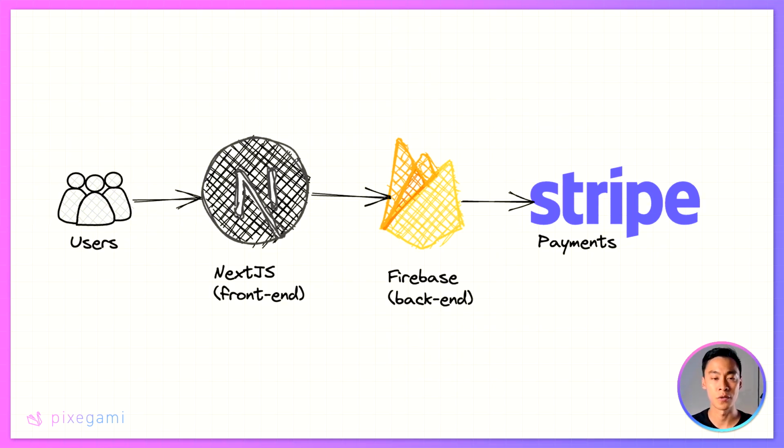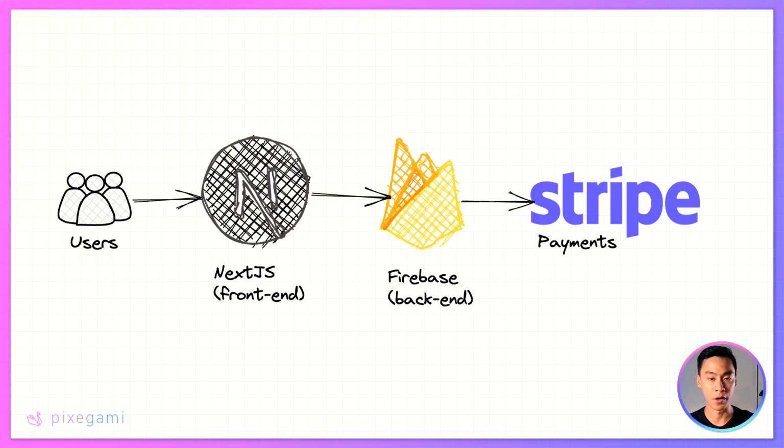We're going to have our users interact with our static website, which is going to be in Next.js, and that's going to talk to Firebase. So we're going to have an integration with Firebase there. And Firebase is where we authenticate our users. But because authentication and payments are quite closely related to each other, like we need to know which authenticated users are paying for what subscription, it's probably better to connect Firebase directly to Stripe.